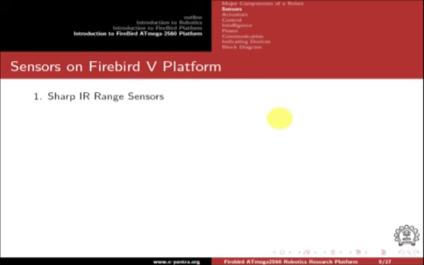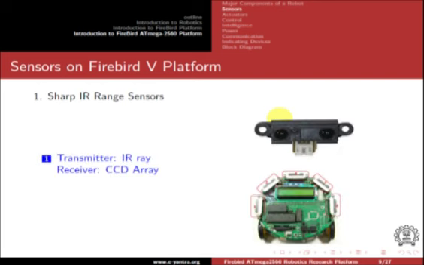First is the Sharp IR range sensor. This sensor is used for measuring distance of any object from the robot. It has an infrared emitter which emits infrared light and a CCD array as the receiver. So when an object comes in front of the robot, infrared light emitted from the sensor strikes the object and is reflected back.